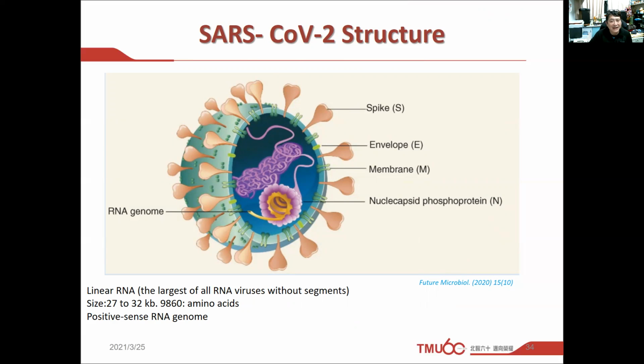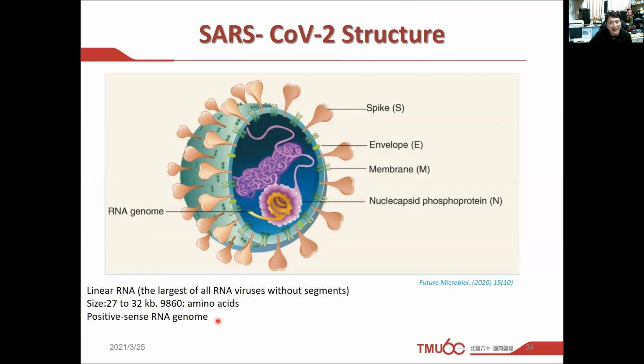In other words, it can use this RNA as the blueprint to start translation. Okay, and they are going to use RNA-dependent RNA polymerase to transcribe to a negative-sense RNA, then convert to positive-sense RNA for future packaging to produce more pathogenic virus.